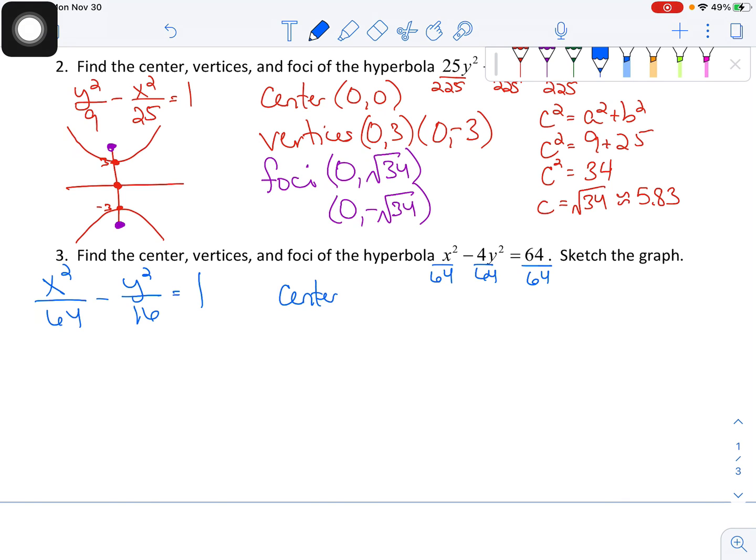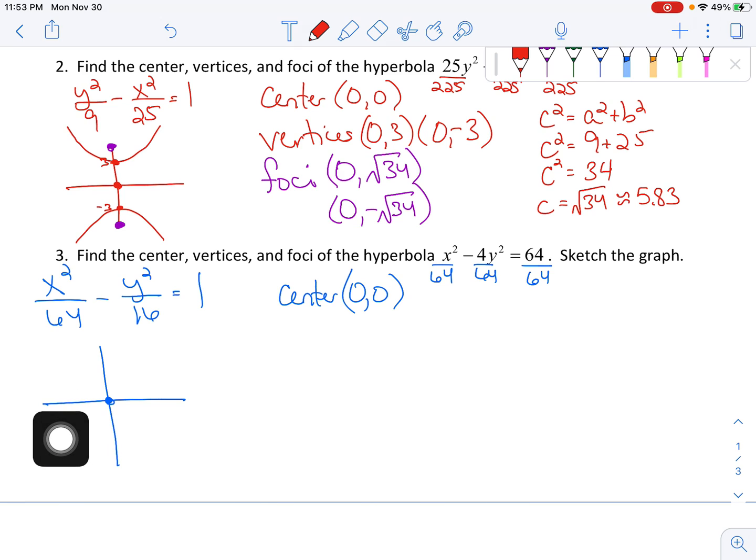So things I immediately know, the center is going to be (0, 0), except apparently I need to put the parentheses in the right place. There we go. Okay, so sketch is going to be, here's my center. Along my transverse axis, that's 8 units horizontally here because x comes first.